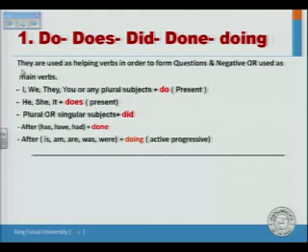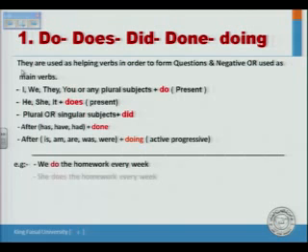Let's have some practice just to facilitate the use of do, does, did, done, and doing. You see number 1 here, a sentence: we do the homework every week. So every week is present and the subject is we. So here we use do, not did or does or doing or done. The second example: she does the homework every week.